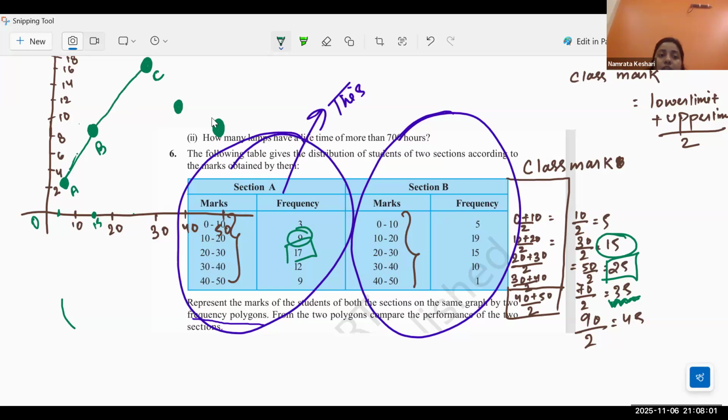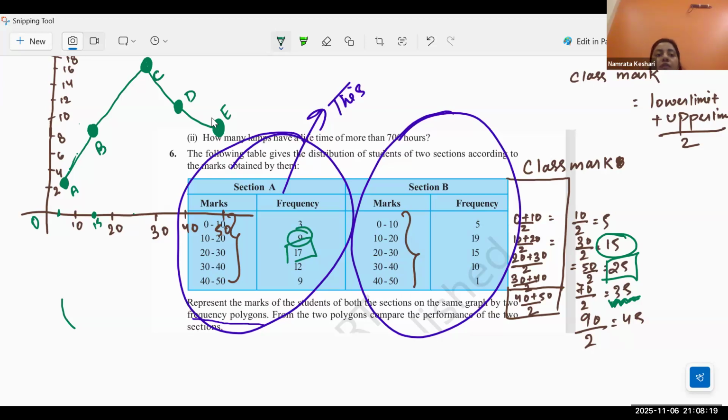Then C and D, then D and E. You have to connect them properly with the help of the scale, taking only two points at a time.